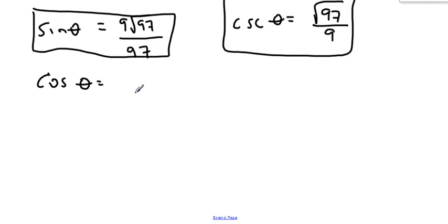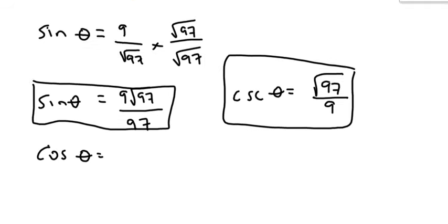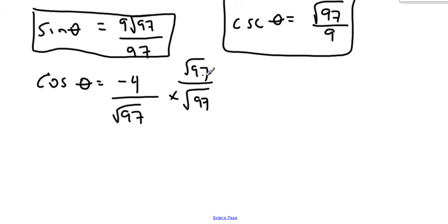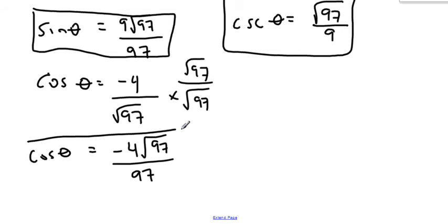So cos theta, so first of all, it was negative 8 over 2, right? So it's negative 4 over root 97, and then rationalizing the denominator like this. So in the numerator, I have 4 root 97, nothing to be done, but at the bottom is just 97. And so that's the value of cos theta that I want my teacher to see.